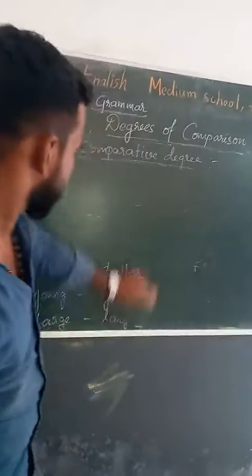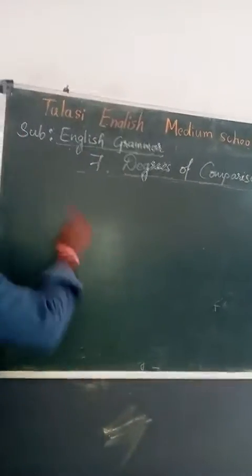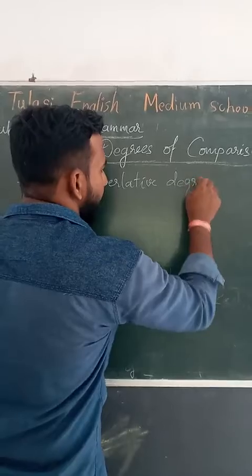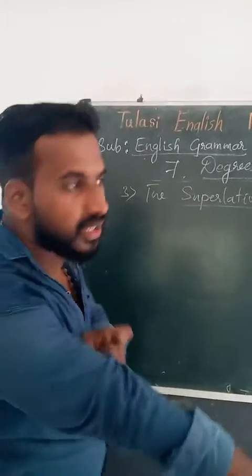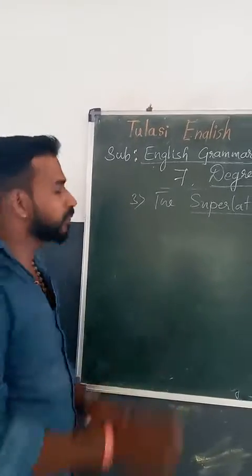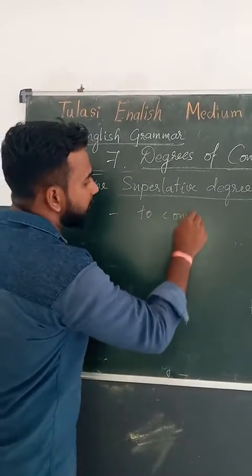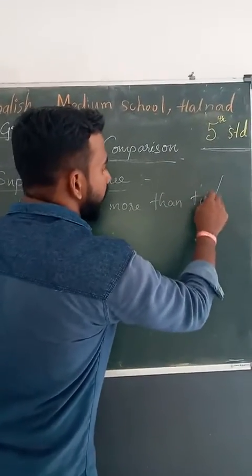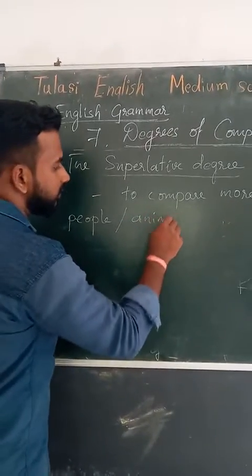Next, last one, the superlative degree. In this degree of comparison, adjectives are used when we compare more than two people or animals or things.